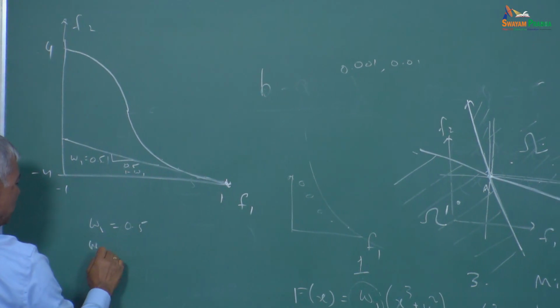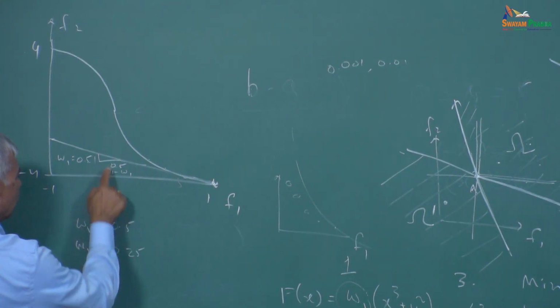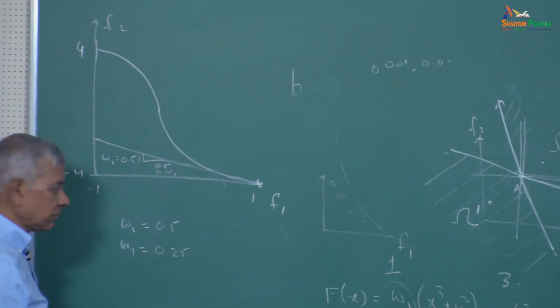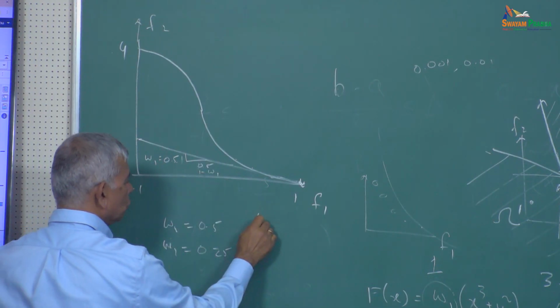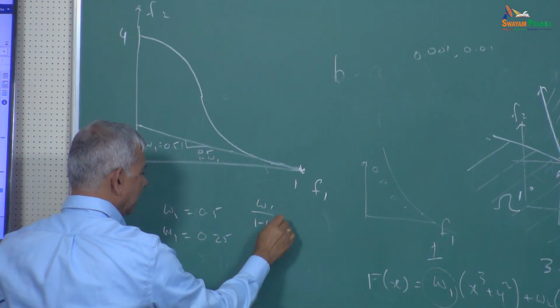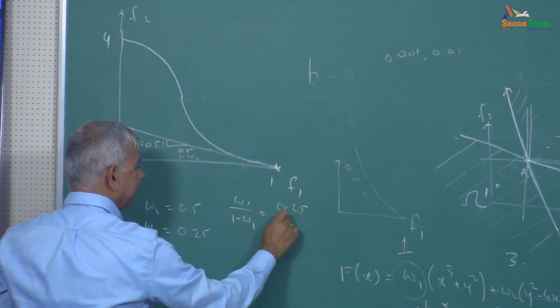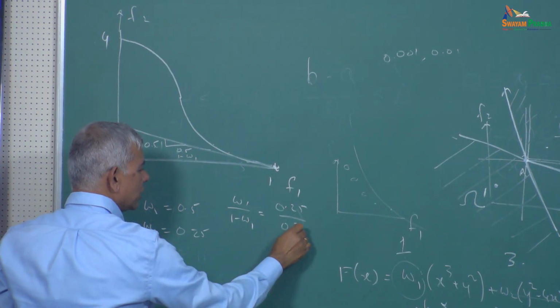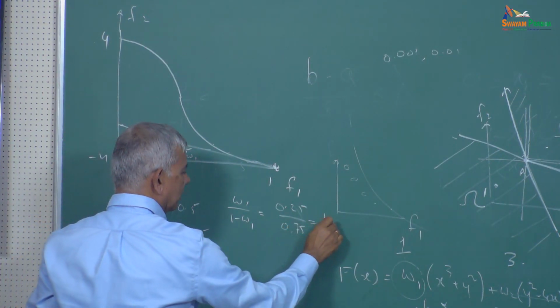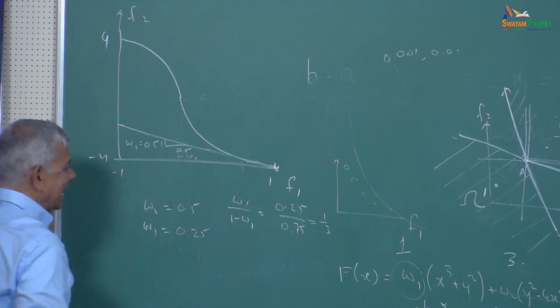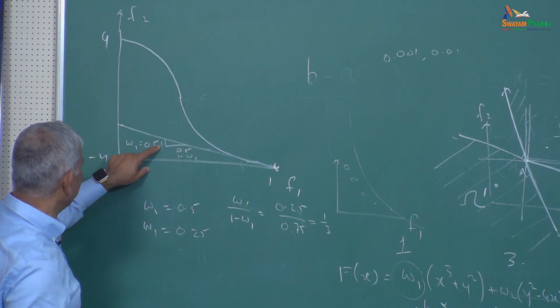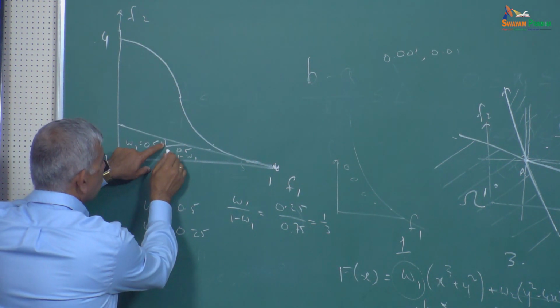Now let's choose W1 0.25. What will be the slope? Slope is W1 by W2, W1 by 1 minus W1. So when it's 0.25, this is 1 minus 0.25, 0.75. So this is 1/3. So that means if you go 1 this way, you will go 1/3 that way.